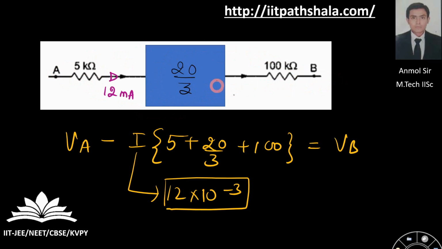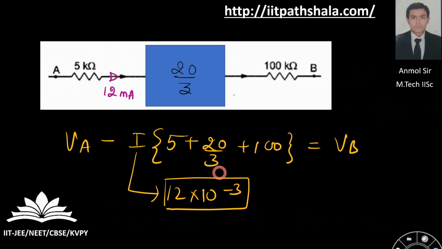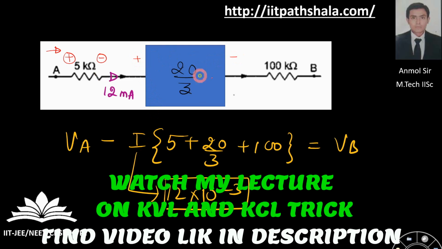So this is the resistance I'm getting by solving these two resistances over here. Just for simplification, I have written the resistance, which comes out to be 20/3. Now apply the KVL. VA, you are starting from here and landing up at VB. Here 5 kilo ohm, from plus to minus you are decreasing in number, so minus I. Again from plus to minus you are decreasing, so minus I into 20/3.